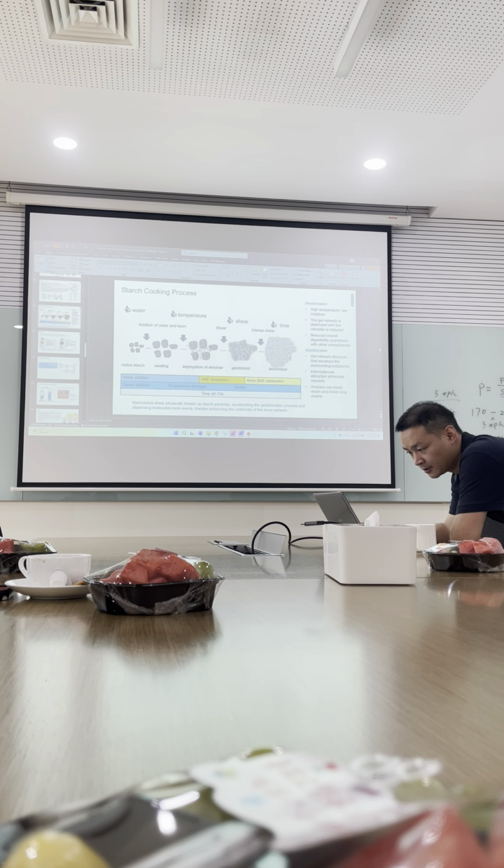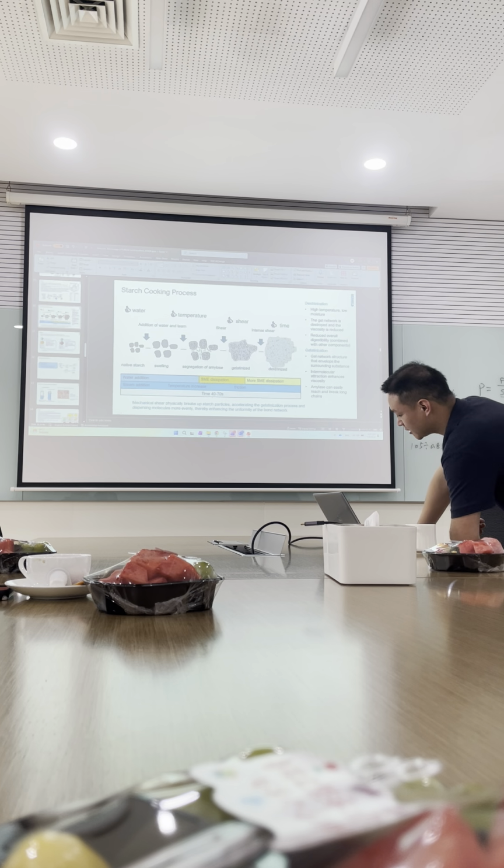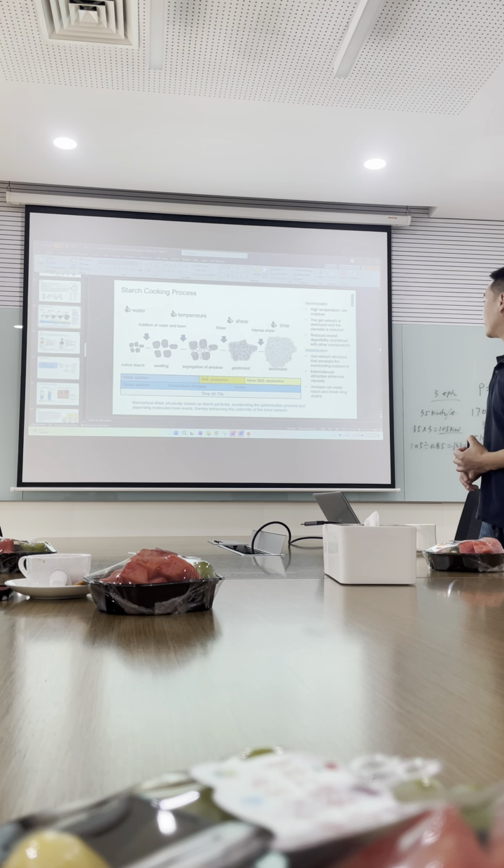You can see this, gelatinization and dextrinization. This is what I mentioned before. If the specific mechanical energy is too high, the shear force is too high, then it will not cause gelatinization, but cause dextrinization.